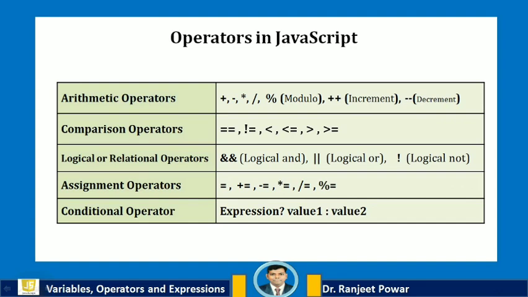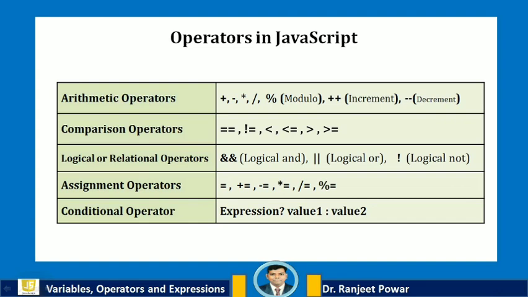We are all familiar with arithmetic, comparison, and logical operators and how these are used in programs. Here, various forms of assignment operators are given in short assignments. Then the conditional operator is known as the ternary operator. The conditional operator has three parts.